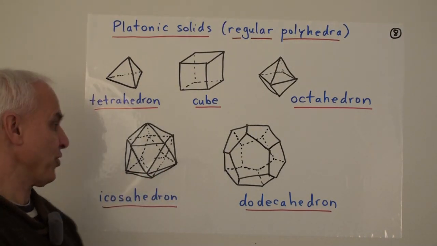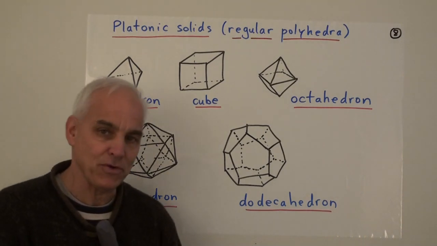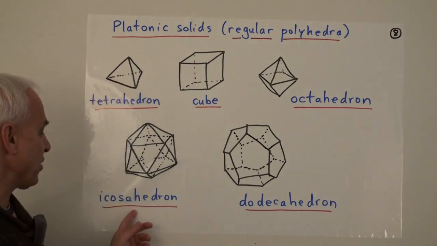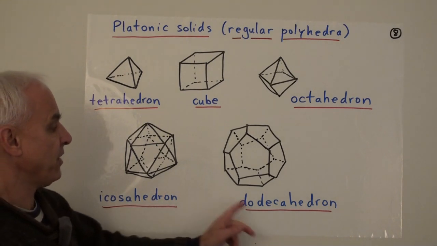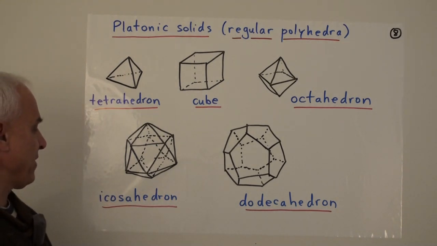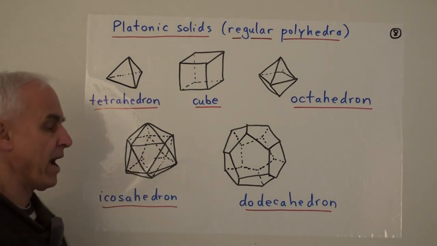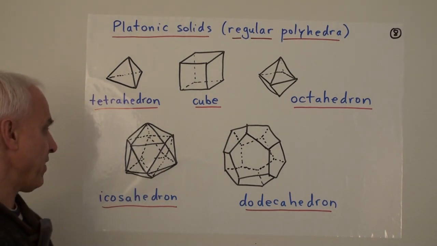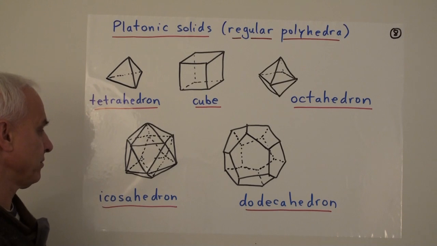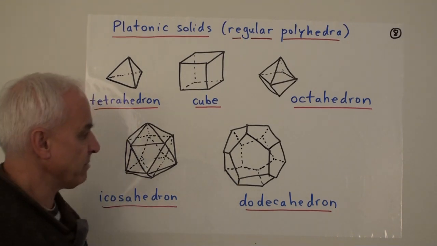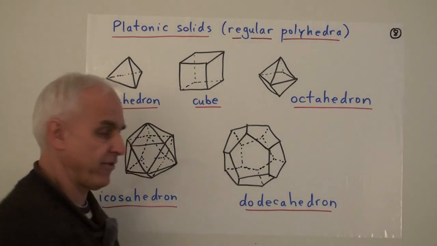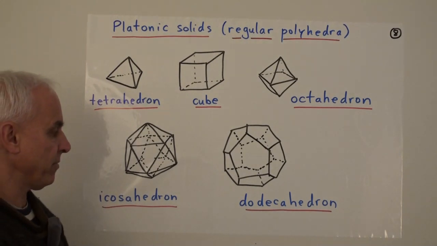And then in addition, there are these 2 very remarkable and beautiful mathematical objects called the icosahedron and the dodecahedron. The icosahedron is made out of equilateral triangles, okay? And there are 20 of them. And the dodecahedron is made out of regular pentagons, and there are 12 of them.